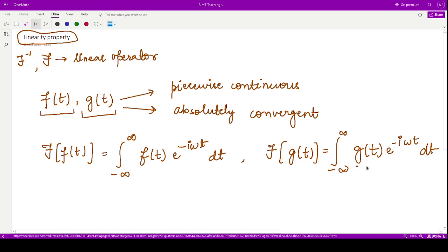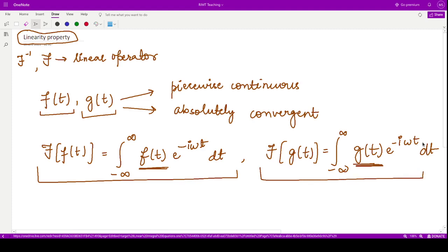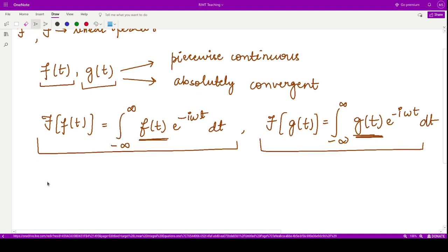So we just have a change in the function here. Now if you already have the Fourier transform of these two functions, and you are required to calculate the Fourier transform of the linear combination a f of t plus b g of t, where a and b are constants, what would it be?